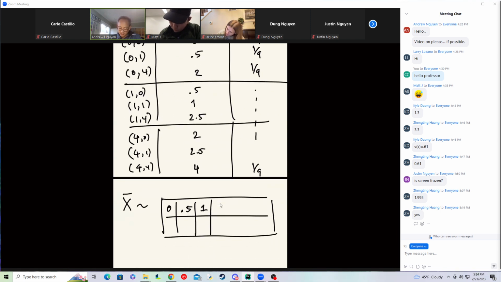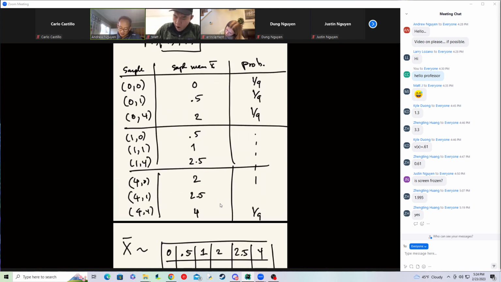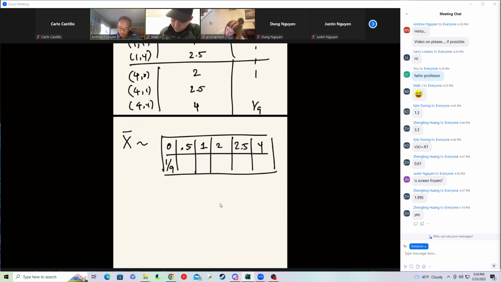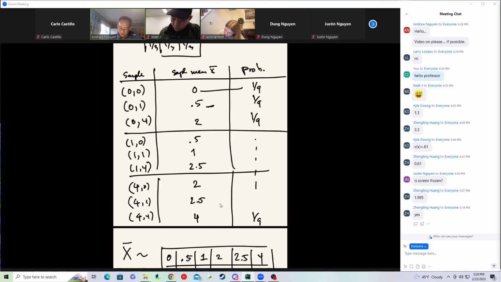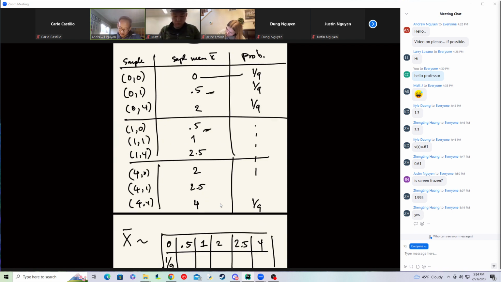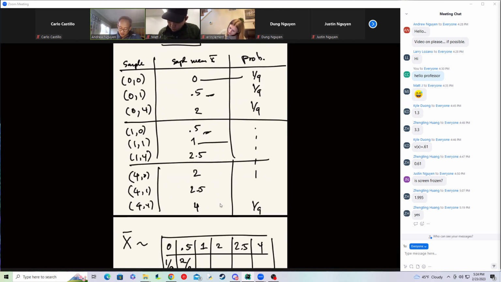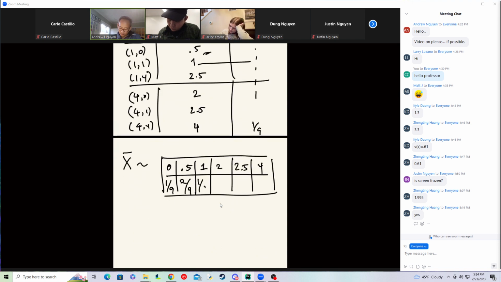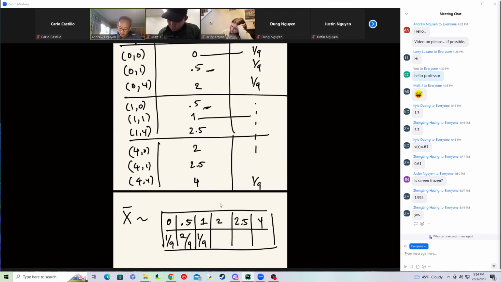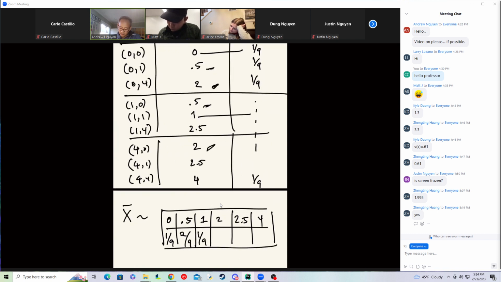There's no 1.5. 2, yeah, 2.5, and 4, yes. 0 is the only one instance, so that's 1/9. 0.5 shows up here and here, so that's 2/9. 1, there's only one instance, I get 1/9. 2, there's 2 of them here and here. 2.5, yes, and 1/9.